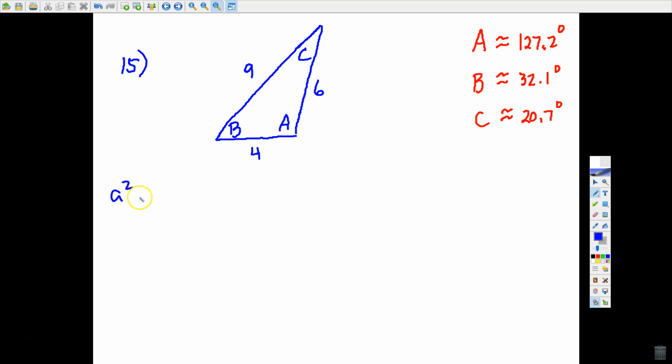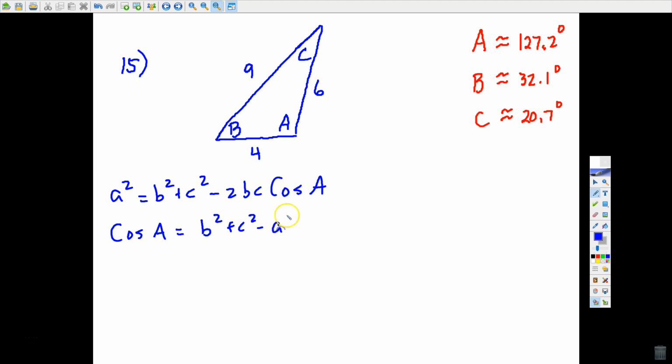We're going to start off with a squared equals b squared plus c squared minus 2bc cosine A, but since I'm looking for angle A, I'm going to rewrite this as cosine A equals b squared plus c squared minus a squared divided by 2bc. And I showed you earlier how we got that.